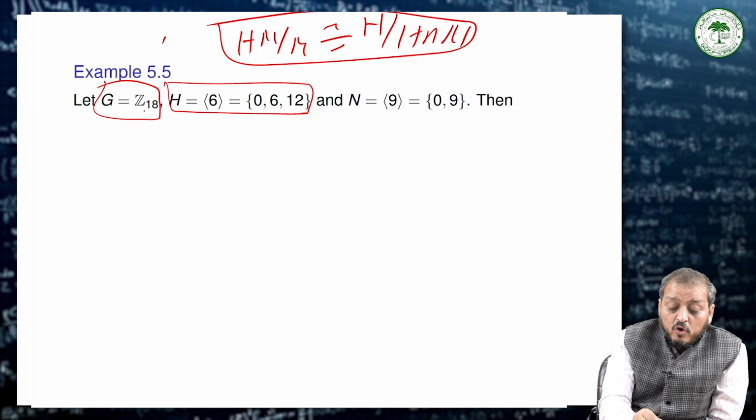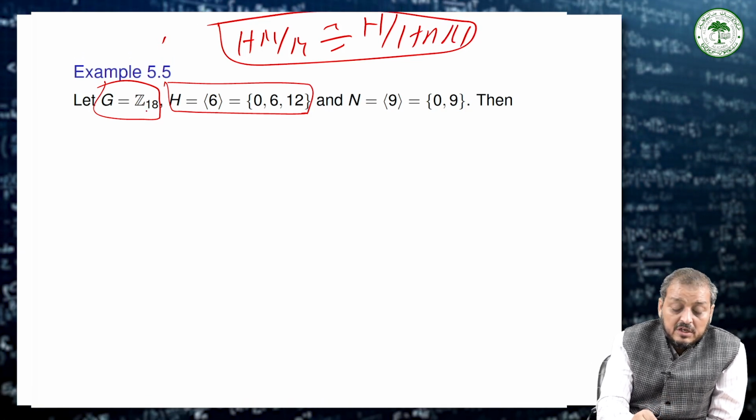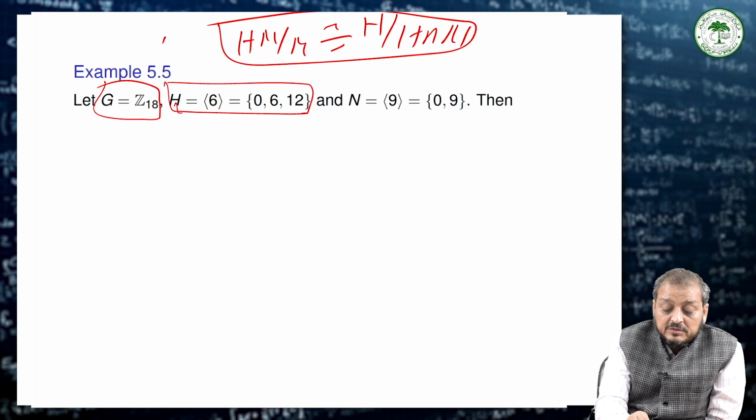So I take the group G equal to Z18, and H is the group generated by 6.